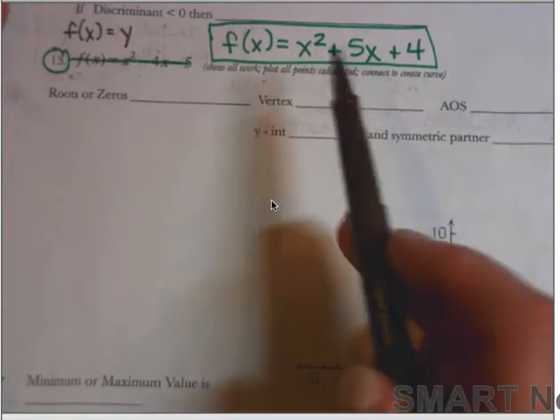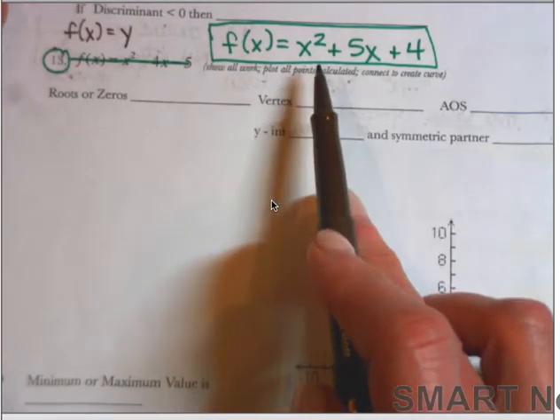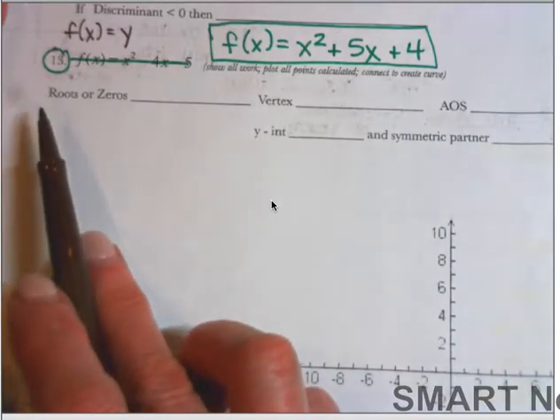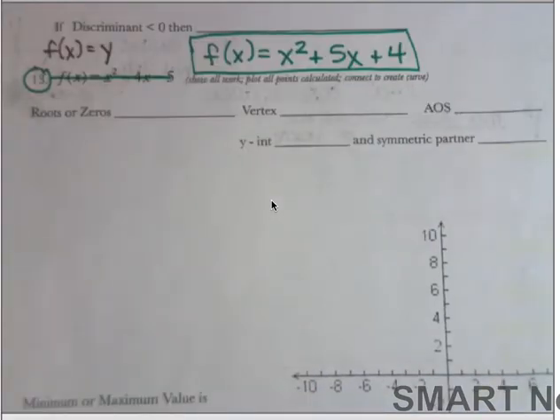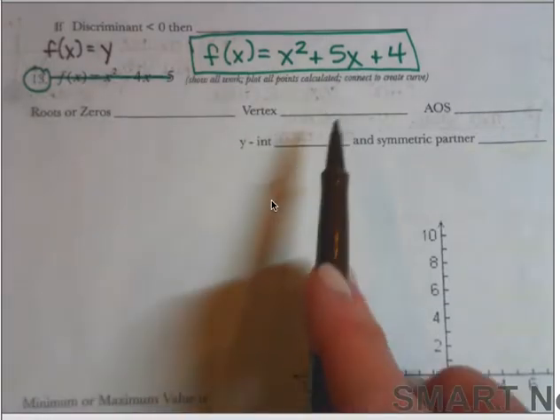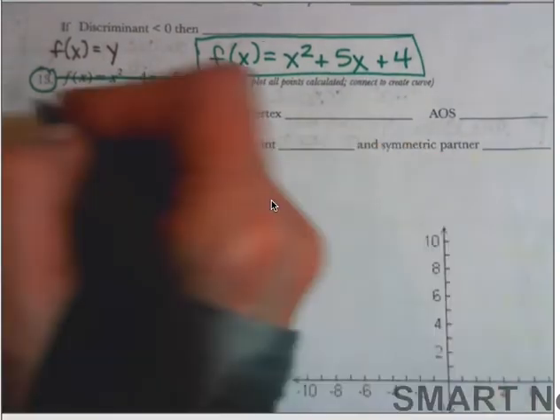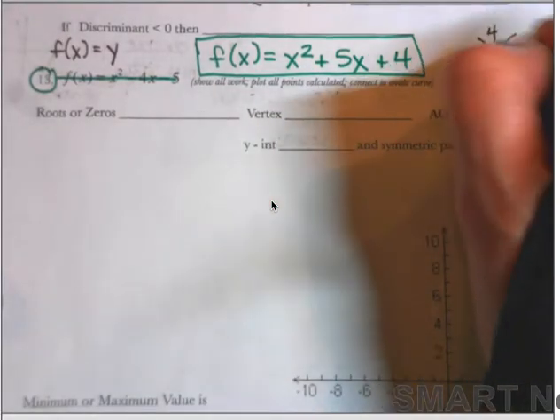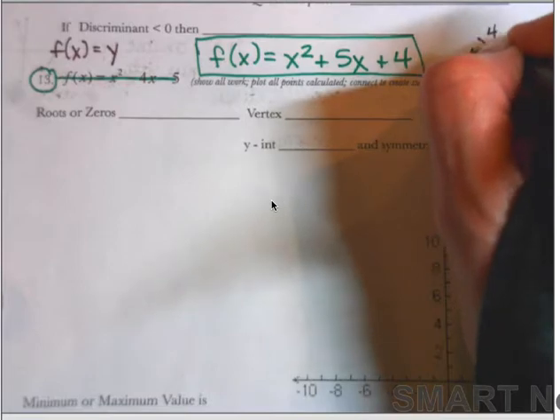Okay, so here's my function that I'm working with, x squared plus 5x plus 4. The first thing I'm asked to identify are the roots or the zeros. So in order to do that, I chose something that was really easy. This is factorable, and hopefully you recognize that I'm looking for factors of 4 that sum to 5, and that's going to be 4 and 1.